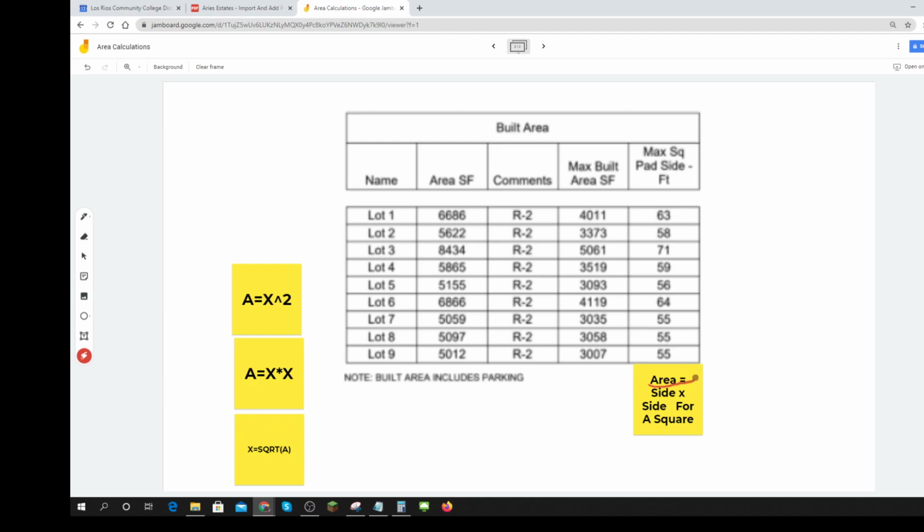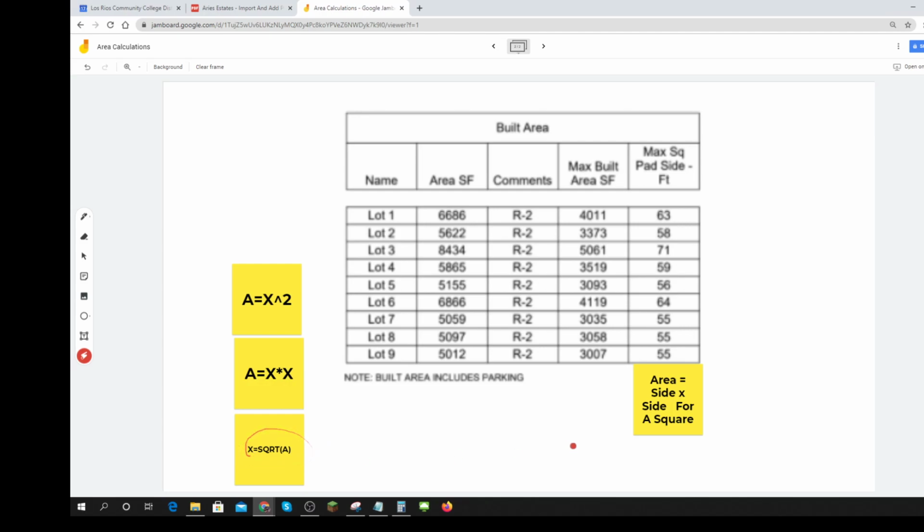Okay, so here I have A area equals X times X. So if I want to find out what my side is, what one side is, then I'll use this little idea right here.